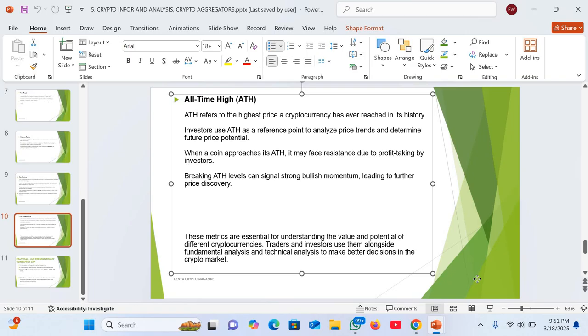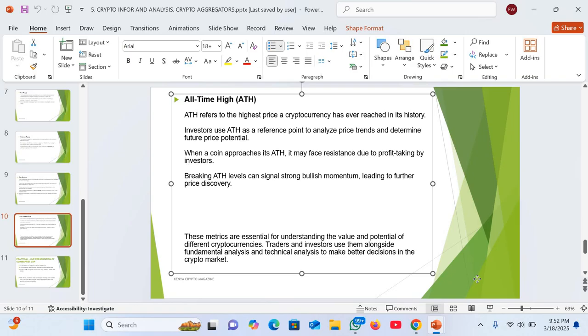Even if you bought a day before Bitcoin hit an all-time high of $109,000, you are in profits. So in the next few months, if Bitcoin hits an all-time high of 120,000, it will simply mean even those who bought at 100,000 will all be in profits. That is what an all-time high means.